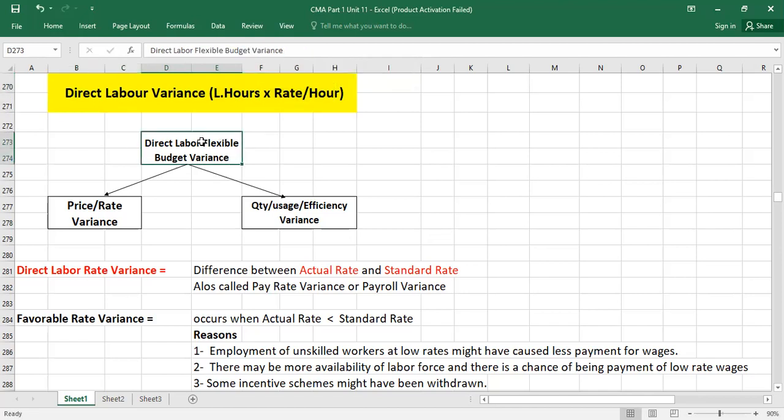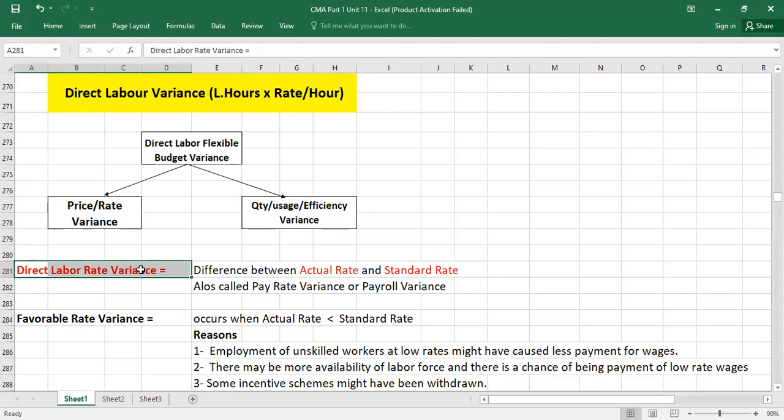That is why the direct labor flexible budget variance can be divided into two sections. The variance could arise due to change in price or rate, or the variance could arise due to the efficiency of the labor. It is also called quantity or usage or efficiency variance.